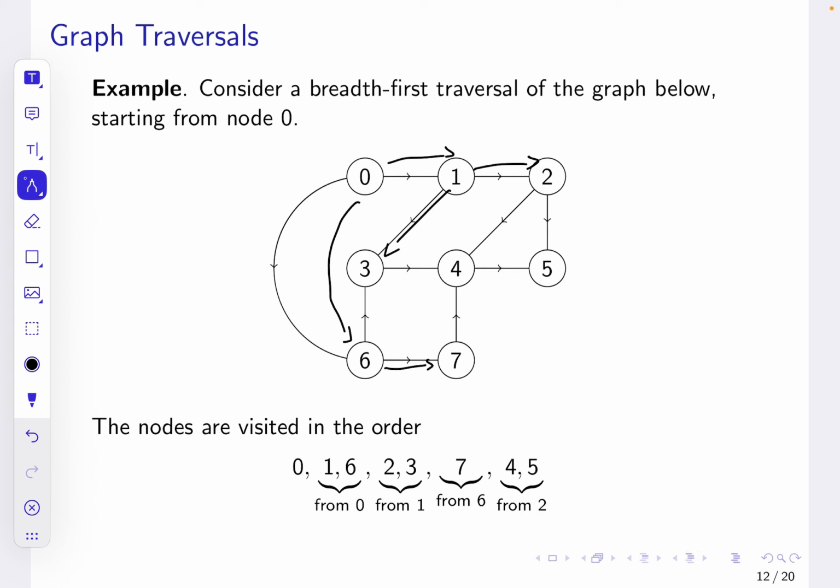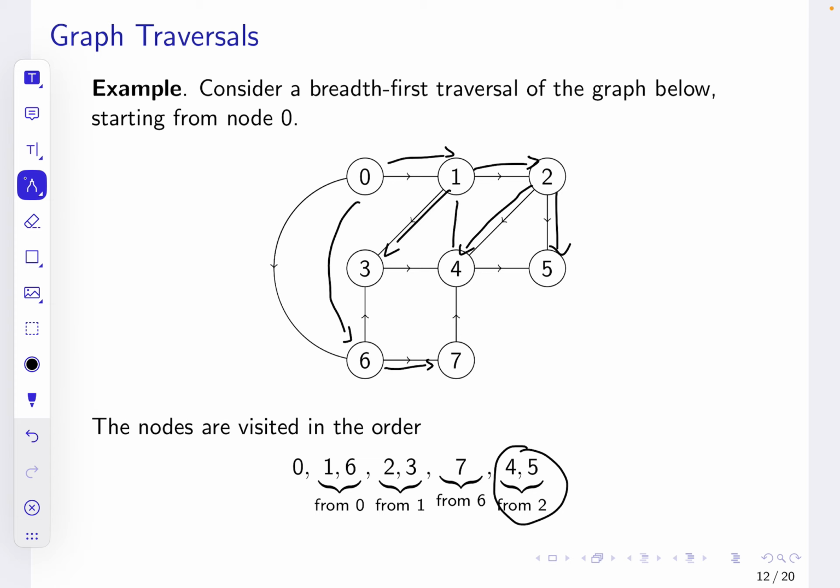And then we would keep doing that, kind of constructing a tree as we go and visiting the children of each node at each level until we run out of outward edges. So next up, we would go through the edges from 2, get 4 and 5, and then I think we've completely run out of edges.